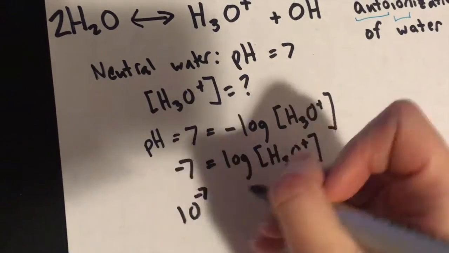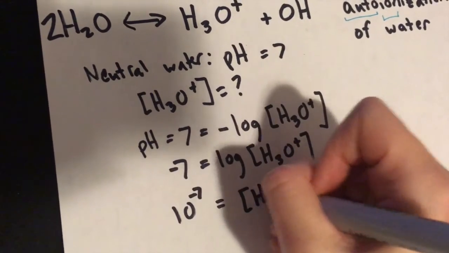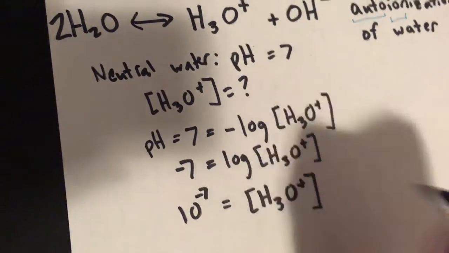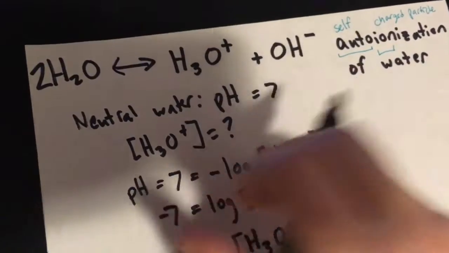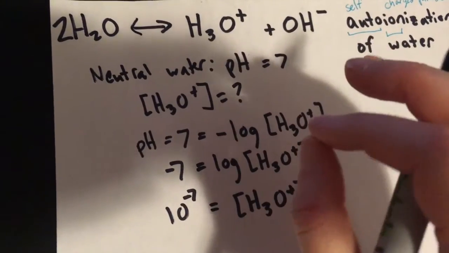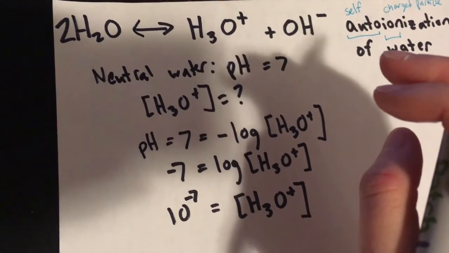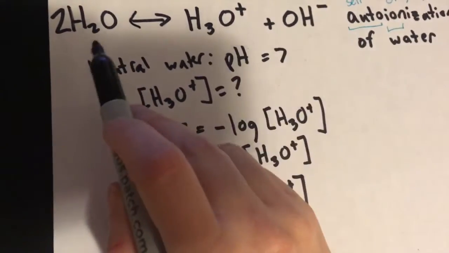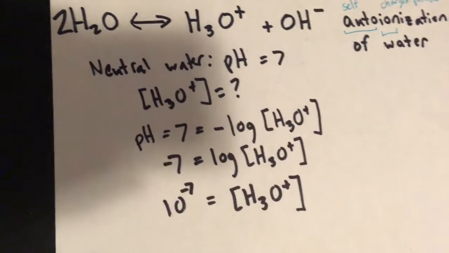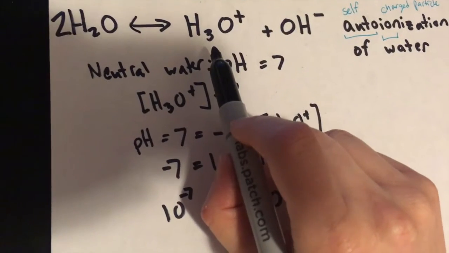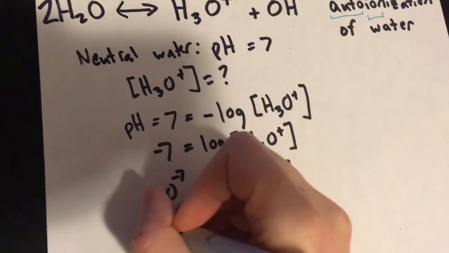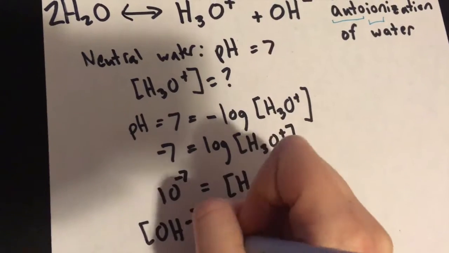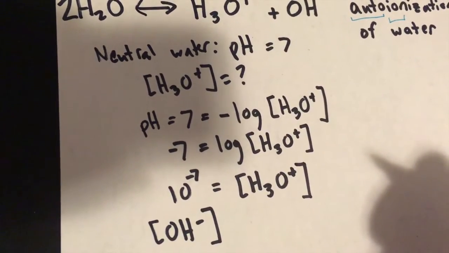So 10 to the -7 power equals the concentration of H3O+. So in a neutral solution, this equilibrium is happening, but it's happening very, very little. You're going to have a lot of water and only 10 to the -7 molar concentration of H3O+. Let's think about what the concentration of OH- would be in a neutral solution.